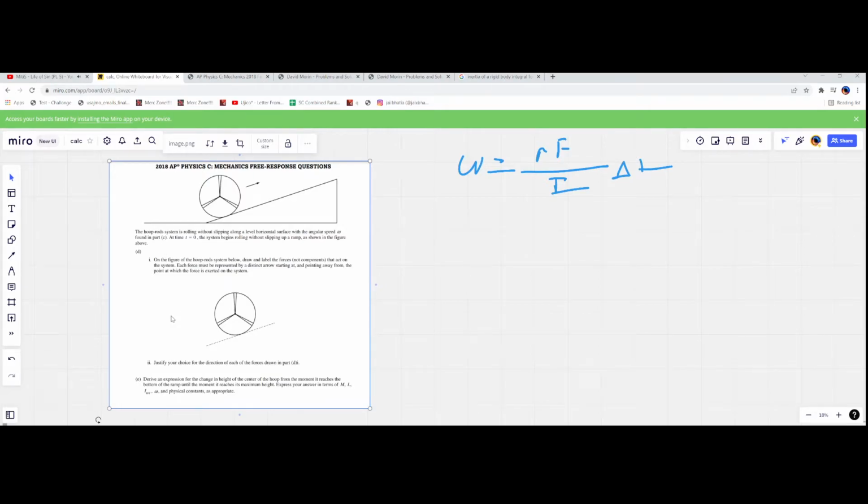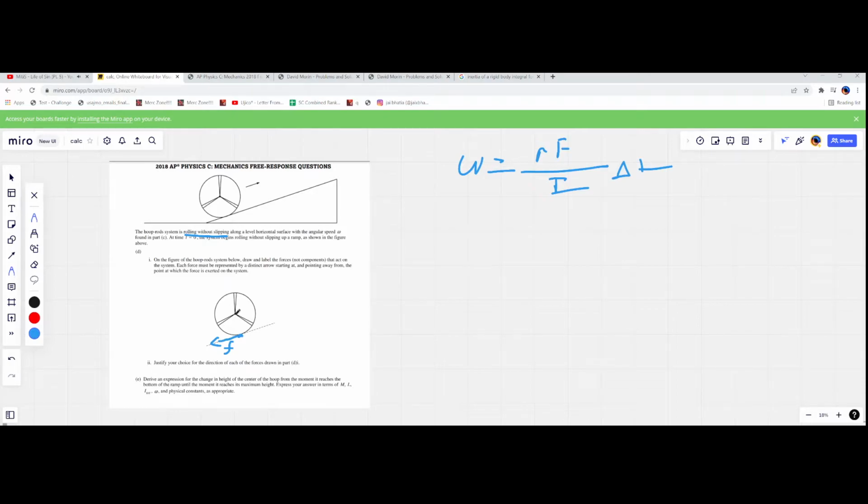On the figure of the hoop rod system below, draw and label the forces that act on the system. Okay. So first of all, we know it's rolling without slipping, so there is a friction force applied at the point of contact.